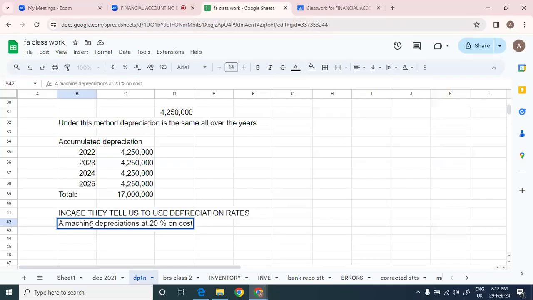Cost means straight line. When you see they tell you on cost, just know it is a straight line.